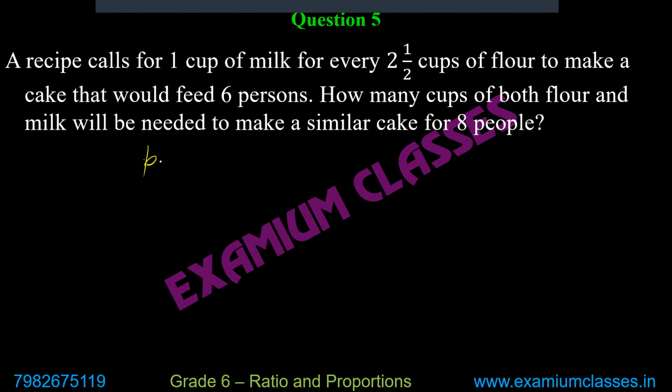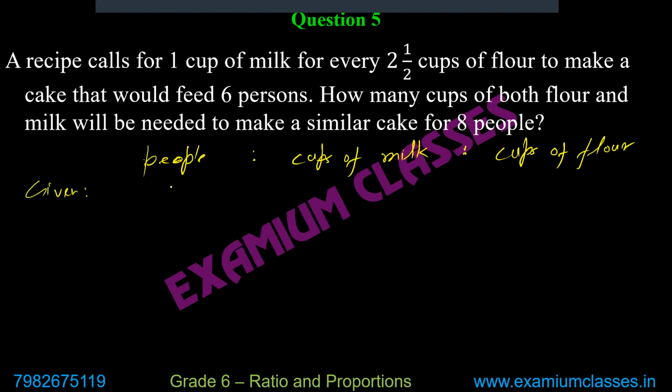You will say people is to cups of milk, as people is to cups of flour. This ratio will remain constant always. Okay. So initially given 6 people, for 6 people, you need 1 cup of milk and 5 by 2 cups of flour.